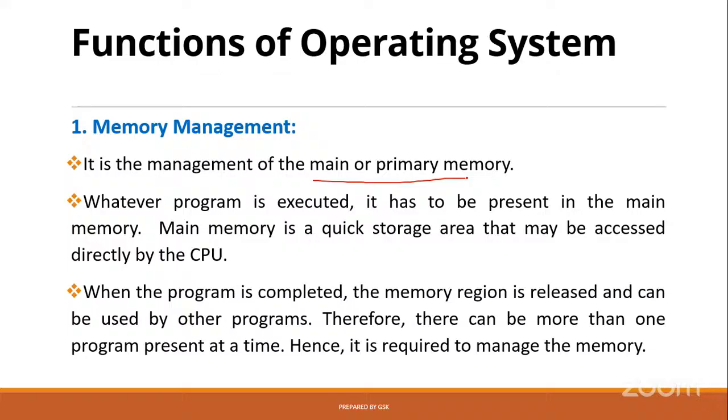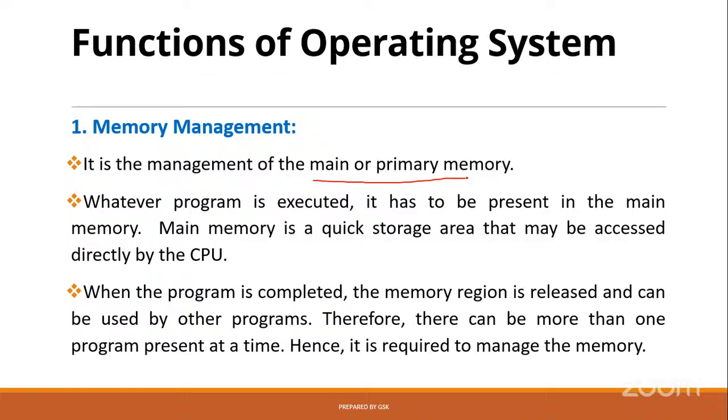Or let me give one example. Already you executed one program. The execution is completed, but the operating system had allotted some memory to your program. After executing that, the program and program-relevant data has to be removed from the primary memory.